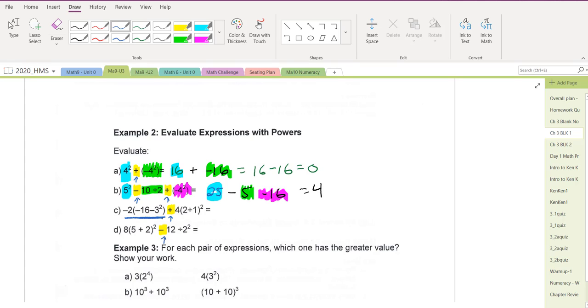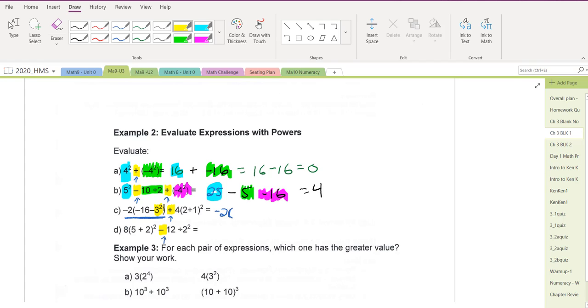So we have our -2, and we're going to clean up inside that bracket. So we have 16 minus 3 squared. Well, it goes BEDMAS, it goes brackets, then exponents. So before we can subtract the 2 numbers, we need to take care of that exponent.